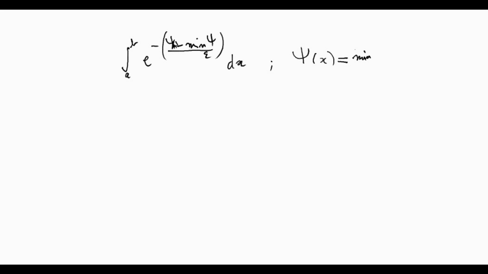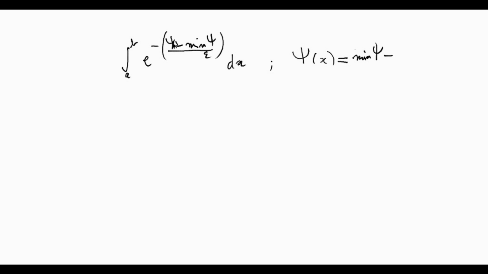So again, what we need is to calculate the integral from a to b of exponential of psi minus the minimum of psi, divided by epsilon, psi of x dx. And for this, if we use a Taylor expansion, assuming that at the minimum the function is not singular, it generically can be written as psi of x equals the minimum of psi.